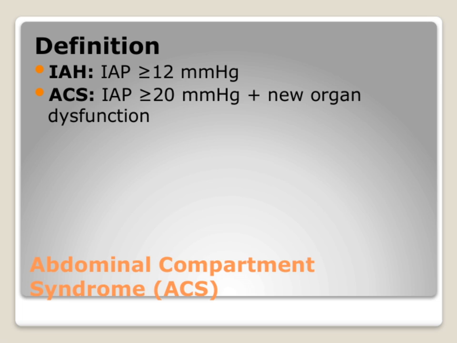Recognizing these thresholds allows us to intervene timely to prevent further complications. This slide sets the foundation for understanding how elevated intra-abdominal pressures can impact organ function and the importance of early diagnosis and management in the overall context of patient care.